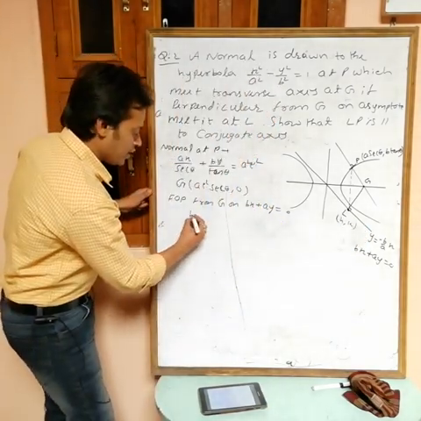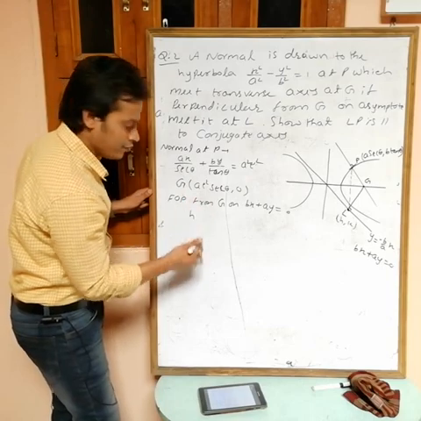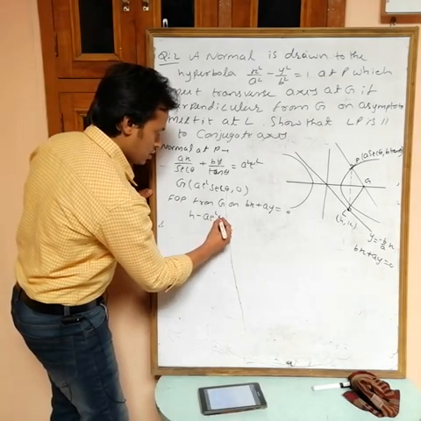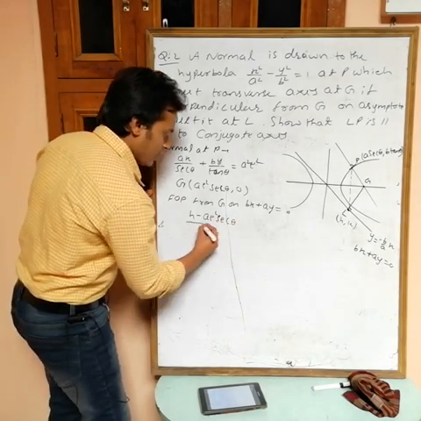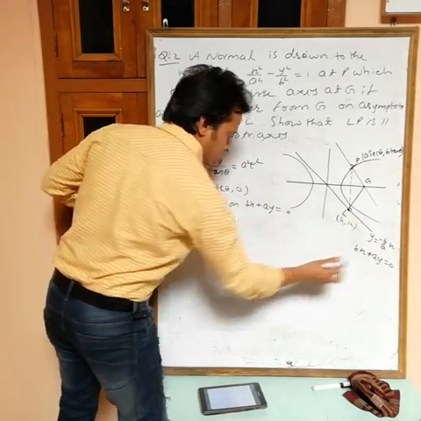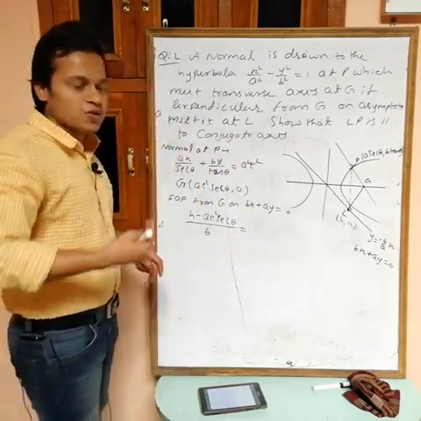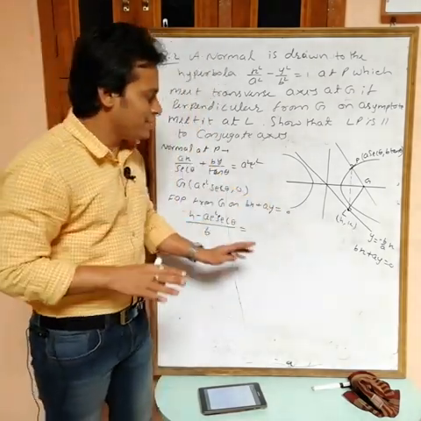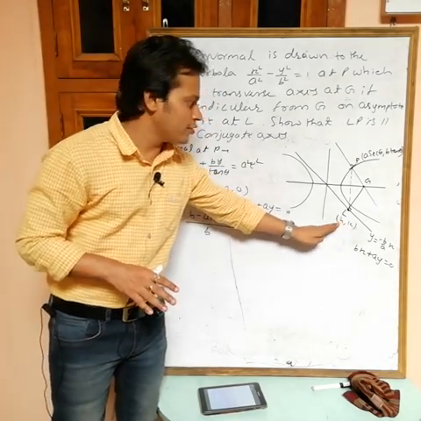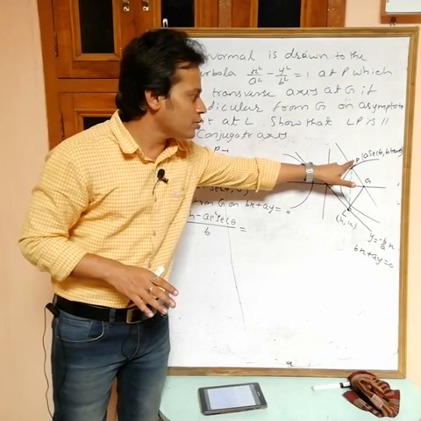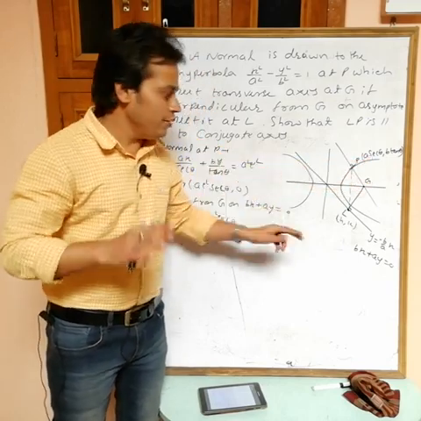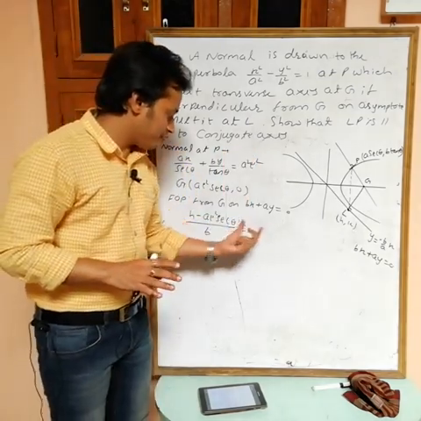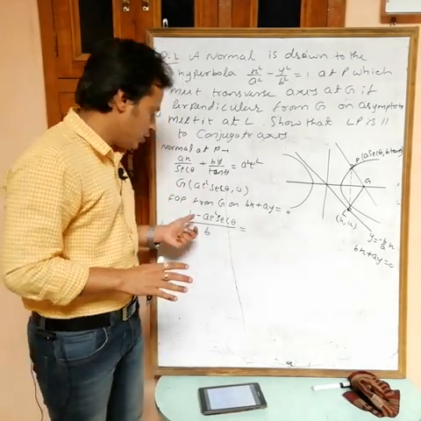Then the formula is h minus x1, where x1 is a e square sec theta, by a, a being the coefficient of x, equals to k minus y1 by b. Here I am assuming the y coordinate as k, and y1 is 0. But actually we don't want the y coordinate, we want only the x coordinate. If this x coordinate equals the x coordinate of P, a sec theta, then LP becomes parallel to the y axis. So I am not writing the formula for the y coordinate, I want only the x coordinate.